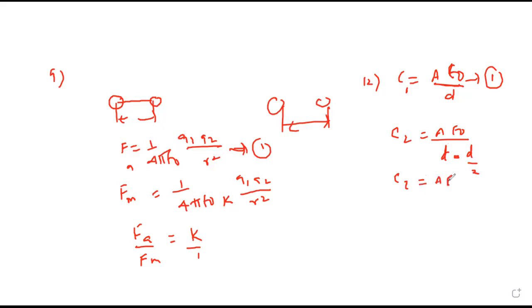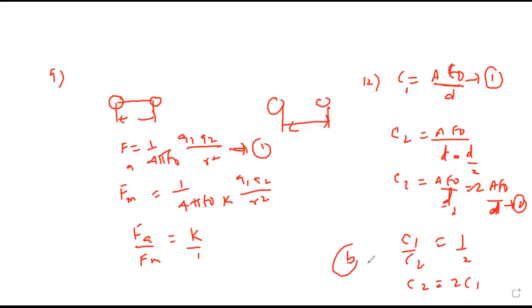It will become A epsilon naught by D by 2, that is 2 times A epsilon naught by D. So C1 upon C2 will become 1 by 2. That means C2 will become double of C1. Option B.